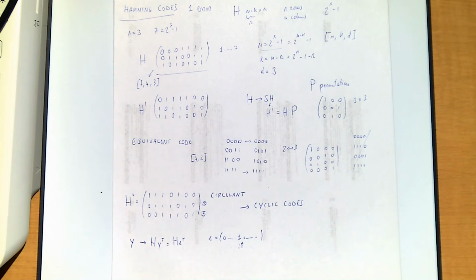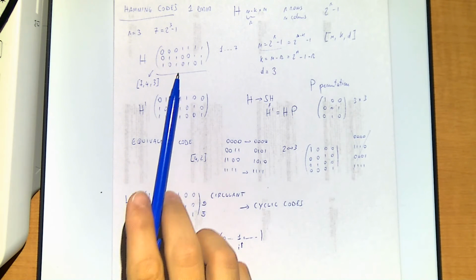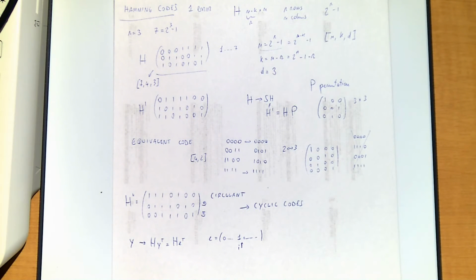I do have an example here that takes the matrix H, which is this one. Suppose that, for example, you obtain the word y equal 0, 1, 1, 1, 1, 0.